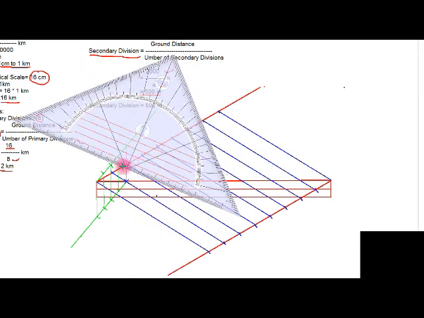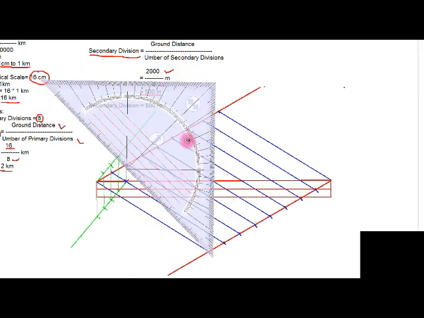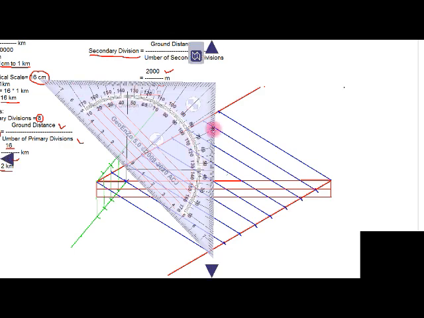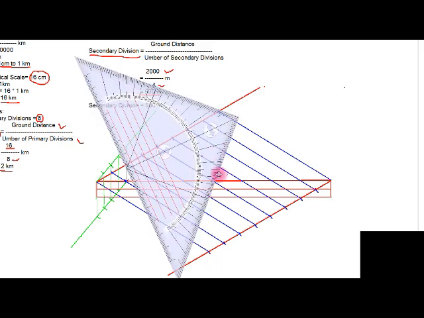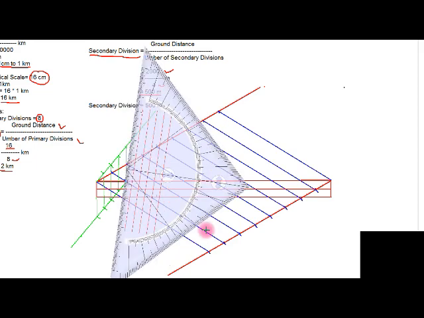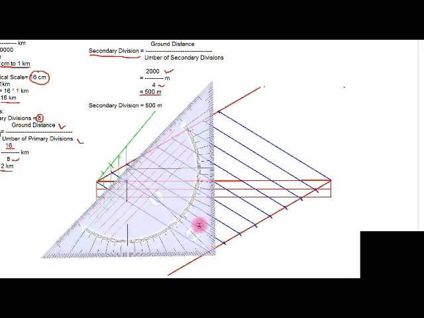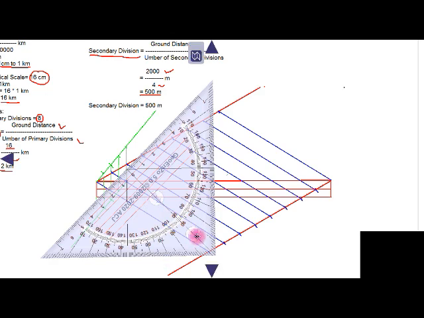Okay, vertical lines, which vertical lines, the vertical lines are here. Look at, for example, now look at here.